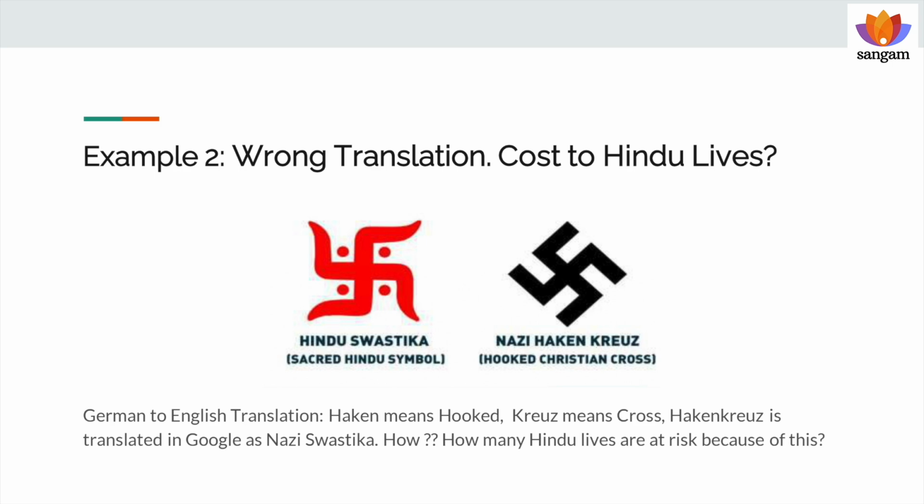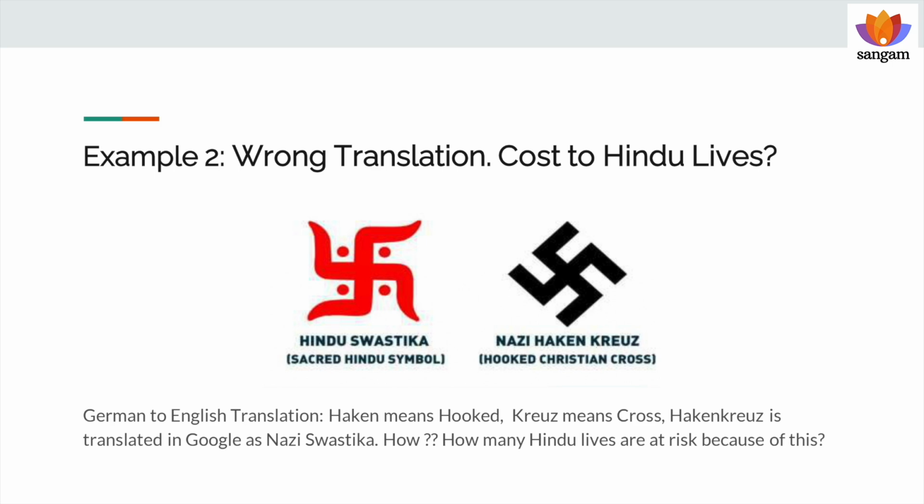Now, the swastika for Hindus has nothing to do with Germans as such. But because of this mistranslation, how many Hindu lives are at risk as of today in the US or outside India? This translation cannot be dismissed as someone simply making a mistranslation. How would you mistranslate a word which is so simple?